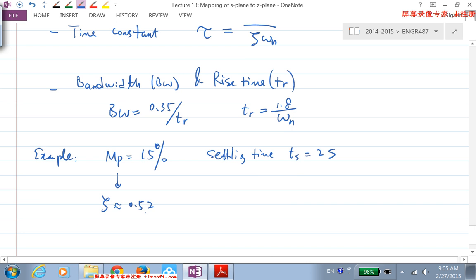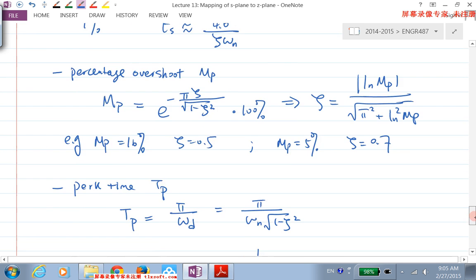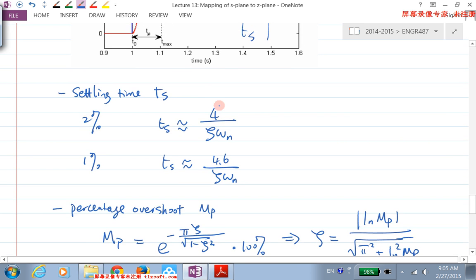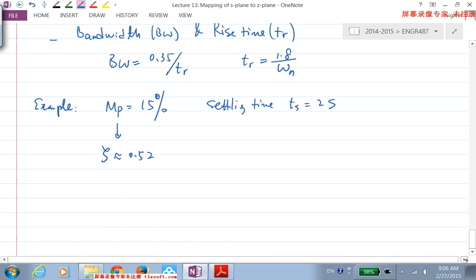Settling time. Where's the formula for settling? The settling time formula is this. In this case, let's use a 2% formula for the settling time. What we want is 4 over zeta omega n to be less than 2 seconds.